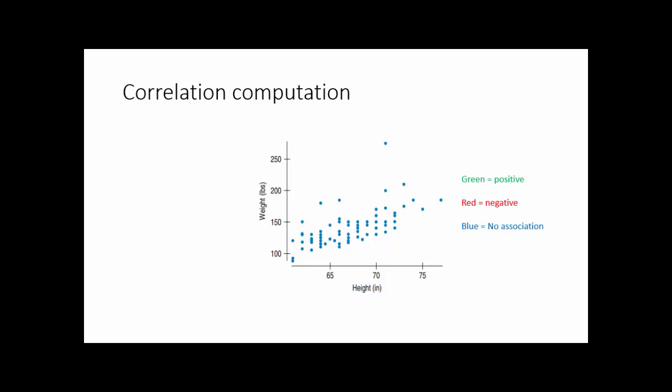I'm assuming that they're the same gender, which just makes things easier, because otherwise we get bimodal things. Over to the right, you see green is positive, red is negative, and blue is no association. That color code will come into effect in a second.